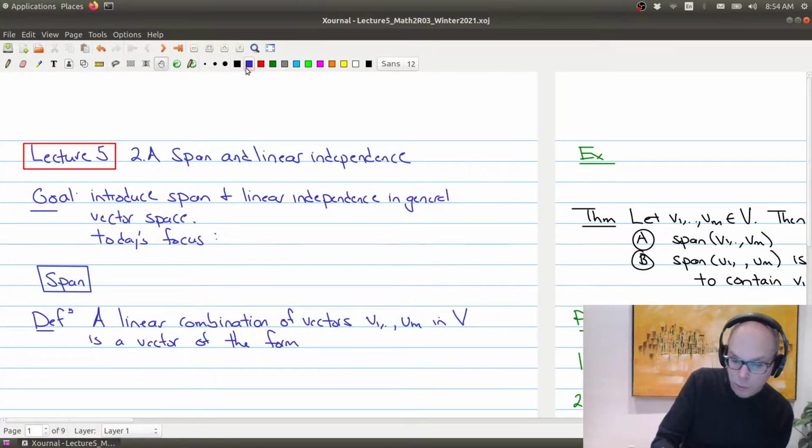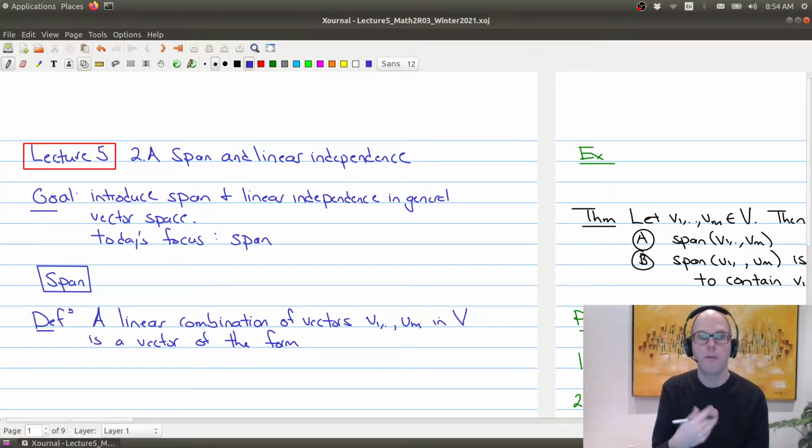Today's focus is really only on the notion of span. In Lecture 6, we'll follow up by finishing Section 2A and talking about linear independence. So again, to reemphasize, today's focus is going to be on the span of a collection of vectors.